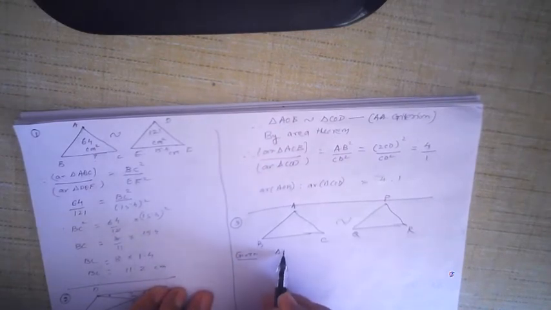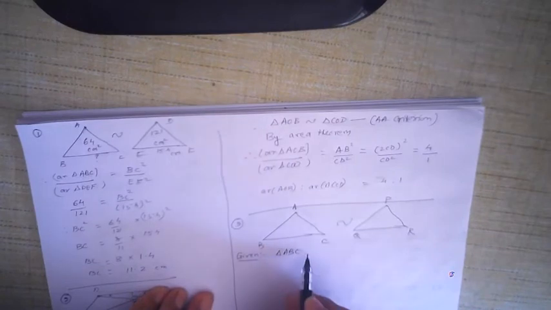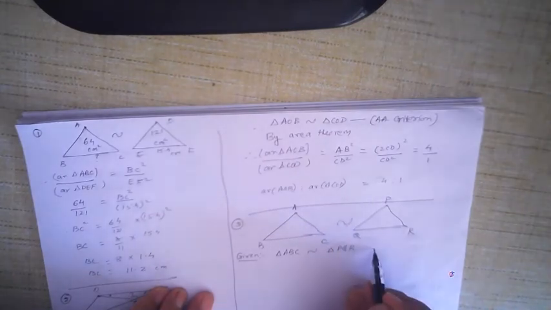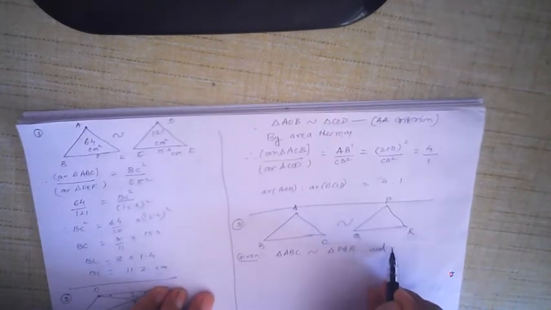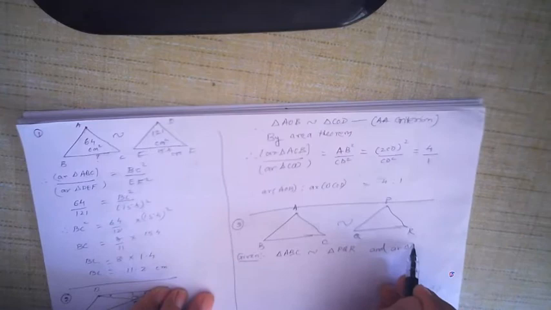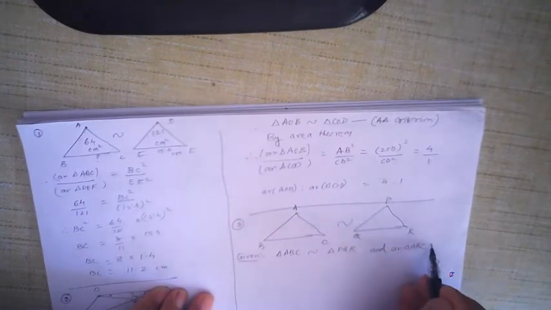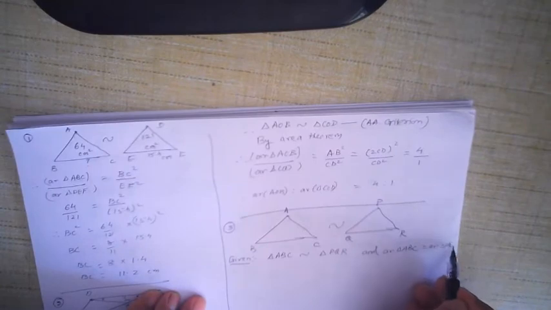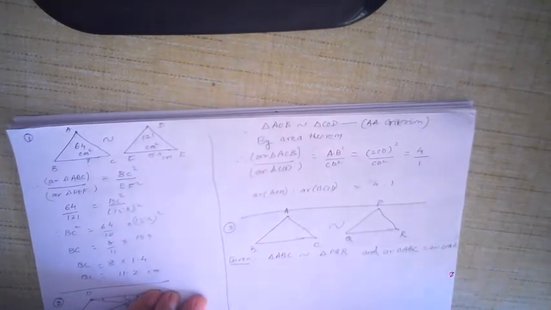First, triangle ABC is similar to triangle PQR. This is given, that's why I put the similarity sign here. And we are also given that the area of triangle ABC is equal to the area of triangle PQR. The triangles are similar, their areas are equal.